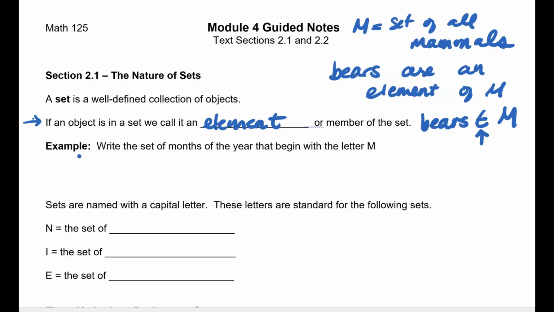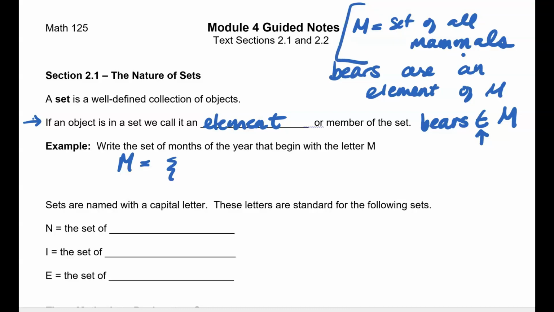So this example says, write the set of months of the year that begin with the letter M. So I could choose to use M again if I wanted to, just because months start with M, but you could use Z or any letter you want. So months of the year that begin with the letter M. So what's in that set? Notice up here, I described the set with words. I just wrote out set of all mammals.